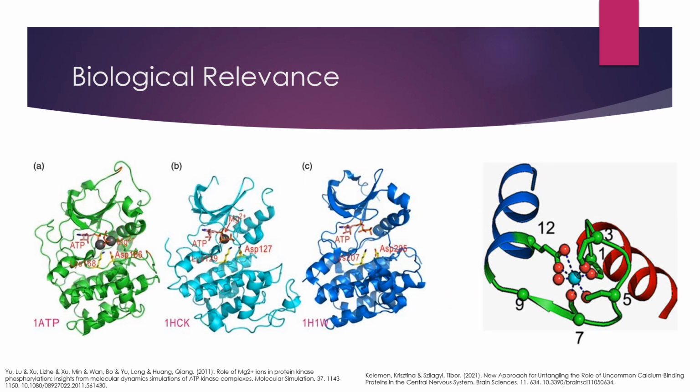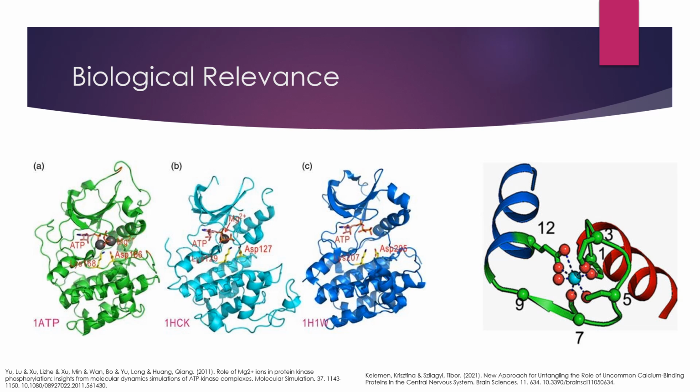And so the next thing is, how is group 2 biologically relevant? So the two major contributors to group 2's biological relevance are calcium and magnesium. Magnesium is a really important ion, magnesium 2+, in protein kinases.